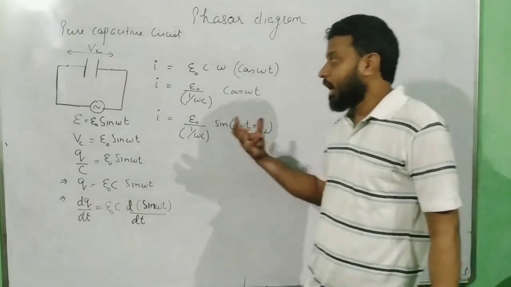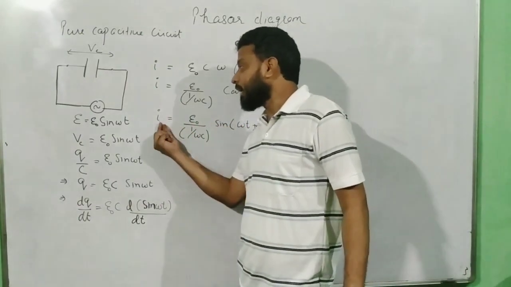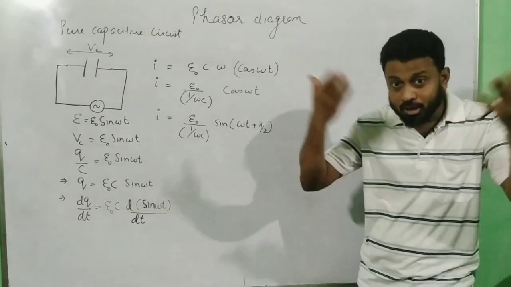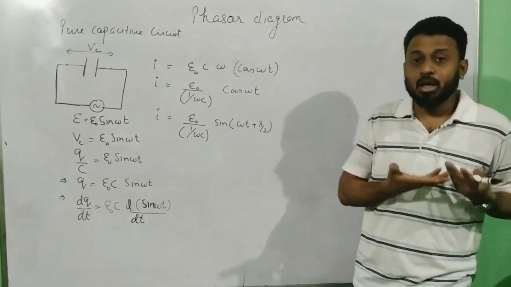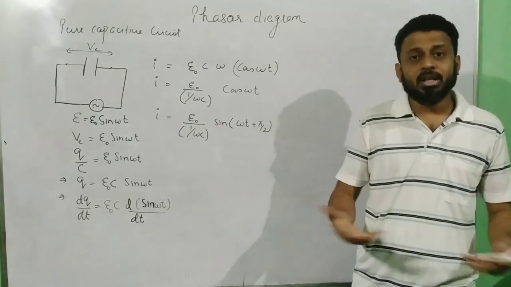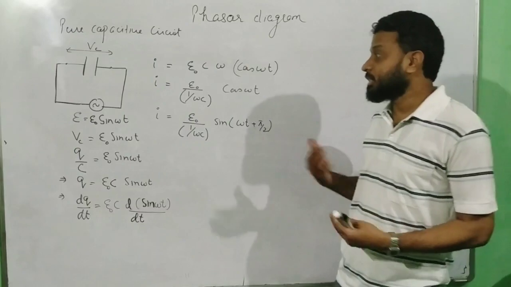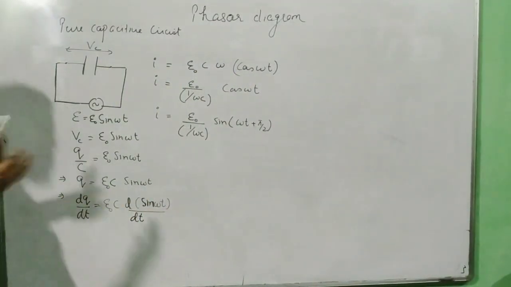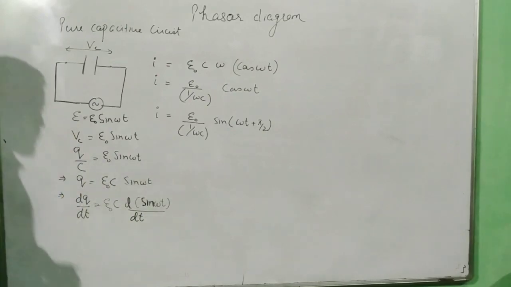That means I can say that current and EMF are not in the same phase. They are not changing in a similar way. They are changing in a different way. One is changing in one way, the other in another way.